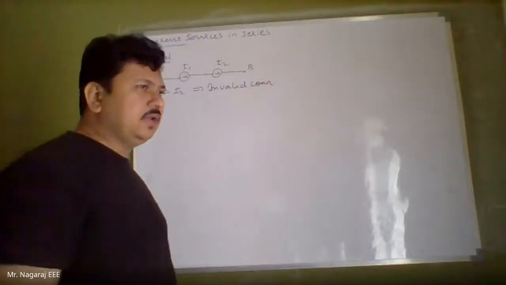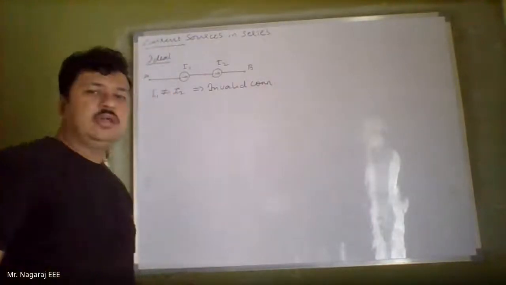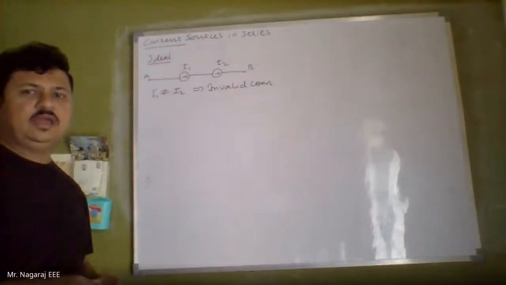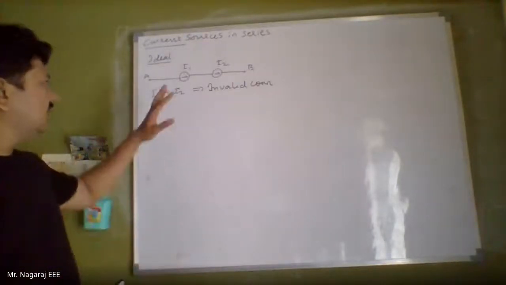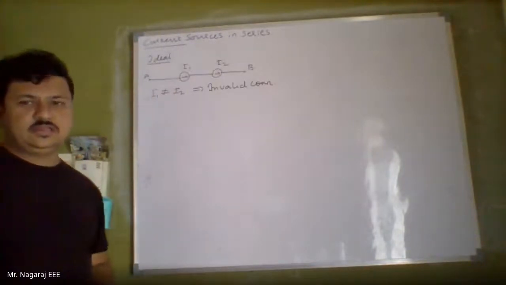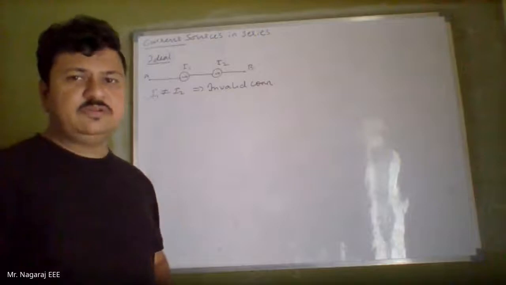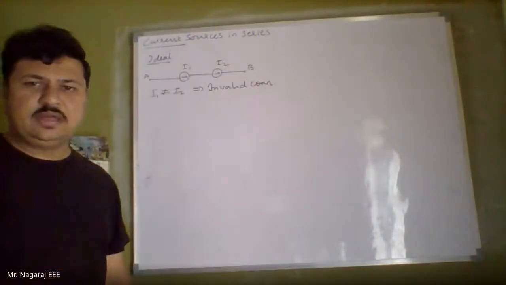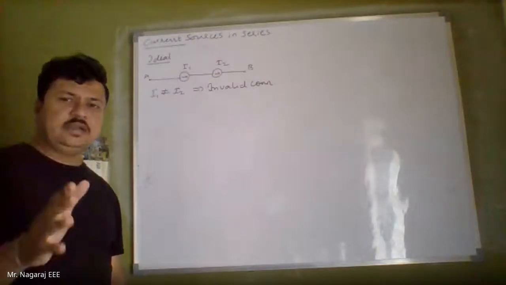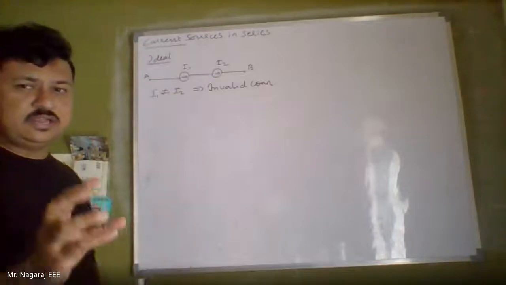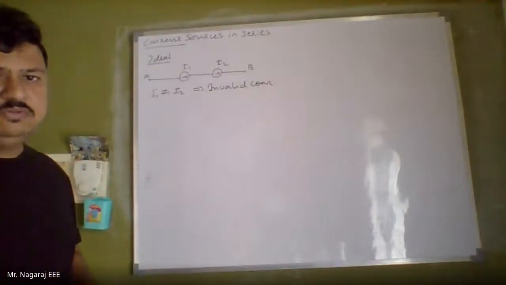So practically, I cannot connect two ideal current sources in series. That becomes an invalid connection, and this kind of connection is not to be considered in analysis. Even if I get this kind of connection in any circuit example, you can directly discard that branch in the ideal case, but in the practical case we will look at a slight difference.